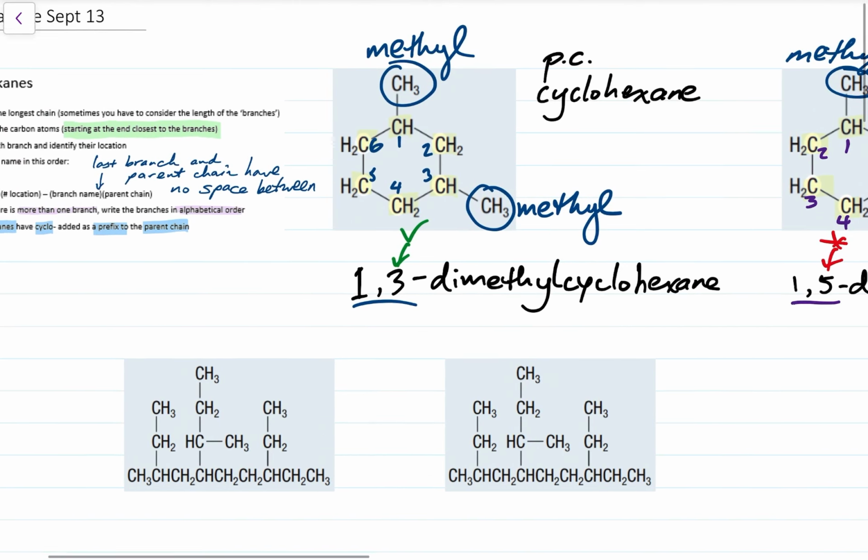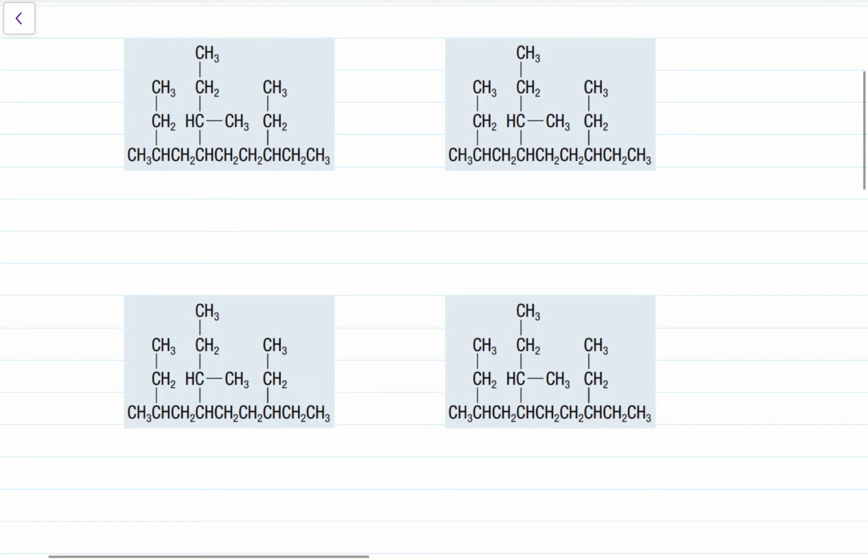Now, what I've done is I've cloned this one here because this one's funky, because what we might be tempted to do is just number the chain like this. 1, 2, 3, 4, 5, 6, 7, 8, 9. In that case, that would be a nonane.